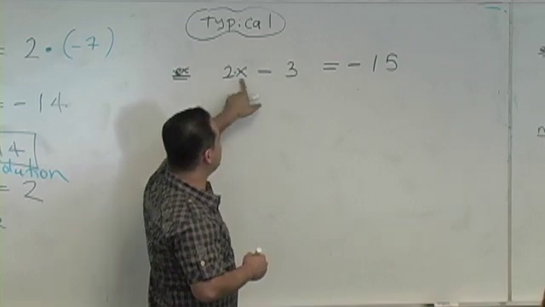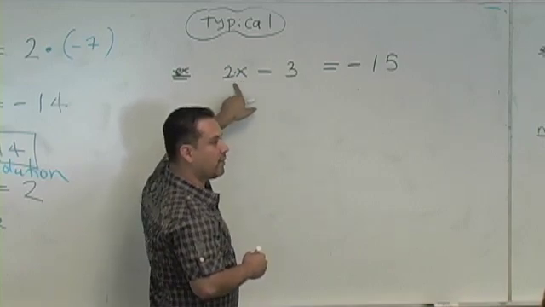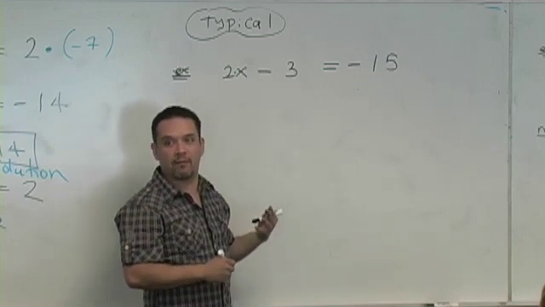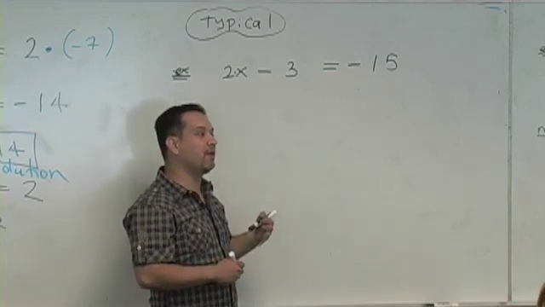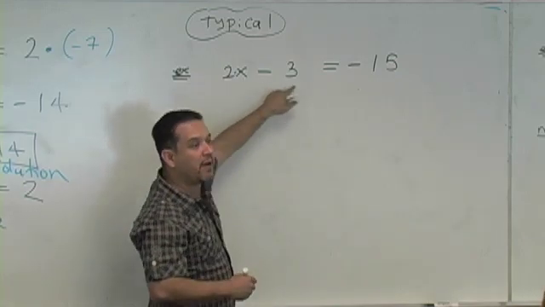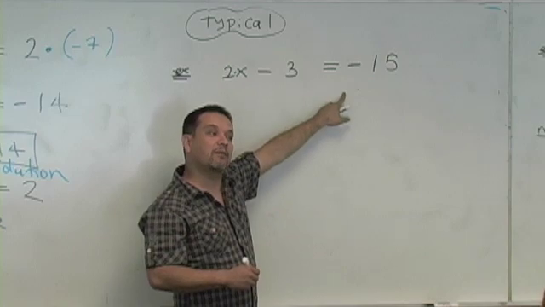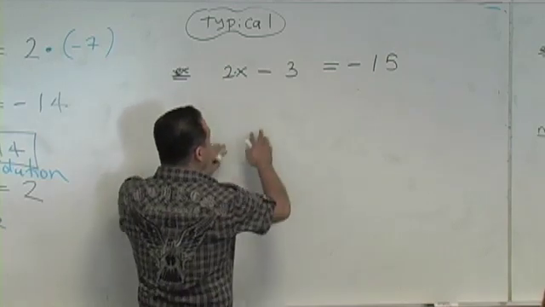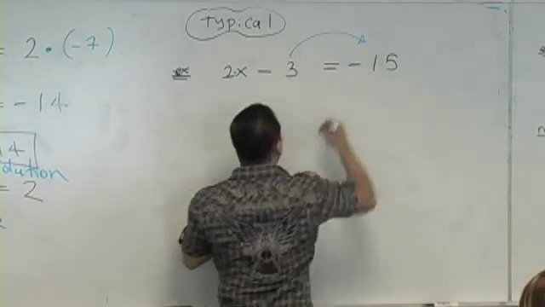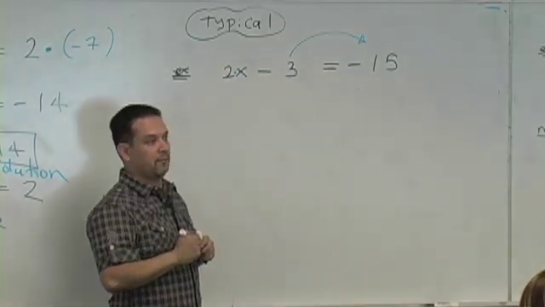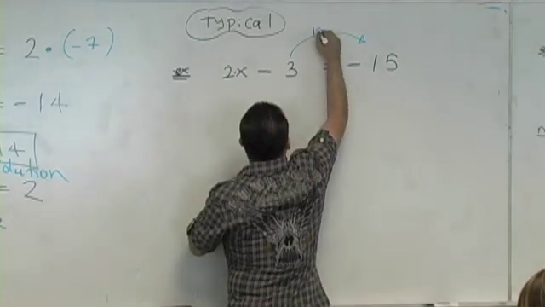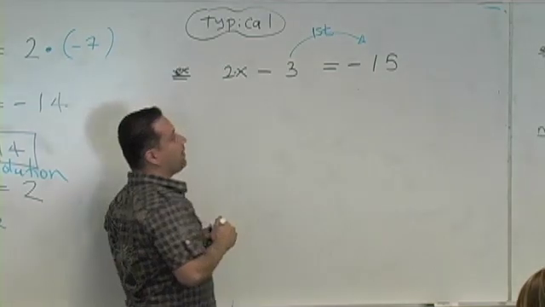You've got two operations: 2 is multiplied to x, and you're subtracting 3. So you have to undo both of them, one at a time. You can undo by dividing both sides by 2 first, but I don't recommend that. Or you can undo by translating this 3 first. So in the typical setting, you want to translate this first.